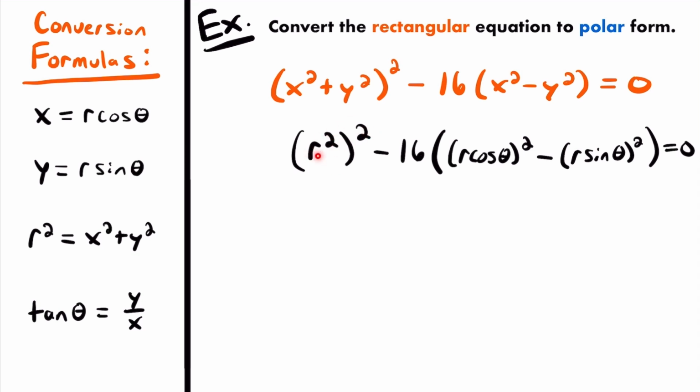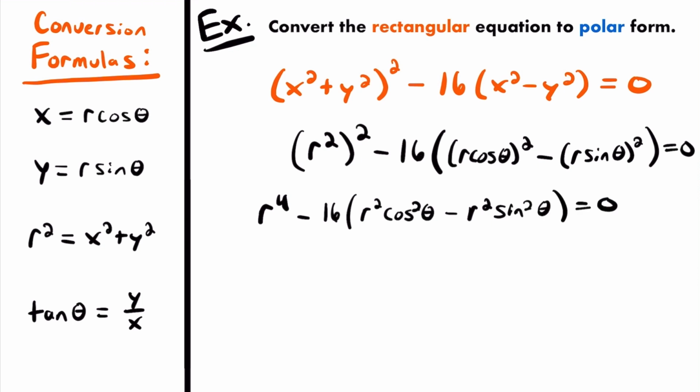All right, so if we simplify, r squared squared will be r to the 4th power, right? We can simplify this by multiplying those exponents. So we'll have r to the 4th power minus 16 times this quantity squared minus this quantity squared. So we'll have r squared times cosine squared theta minus r squared times sine squared theta, and that's equal to 0. Okay, now the next thing I'm going to do is distribute this negative 16 through this quantity.